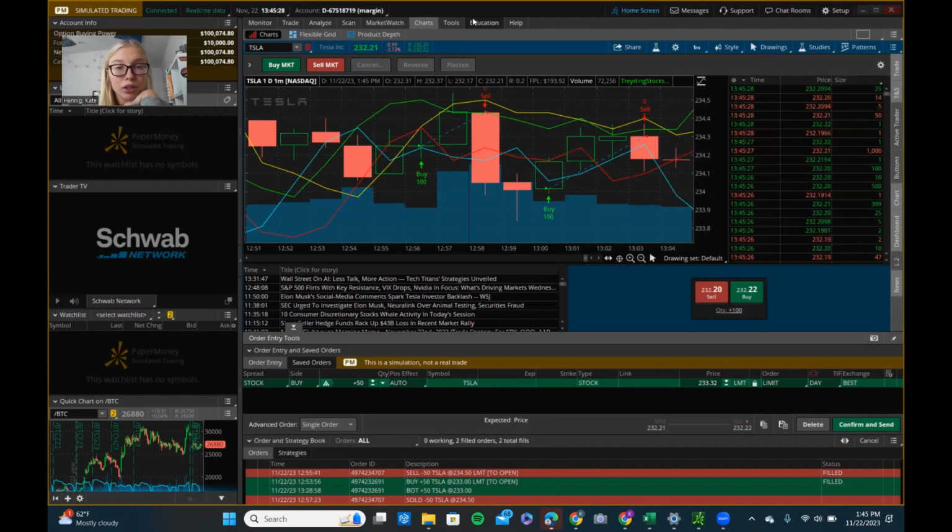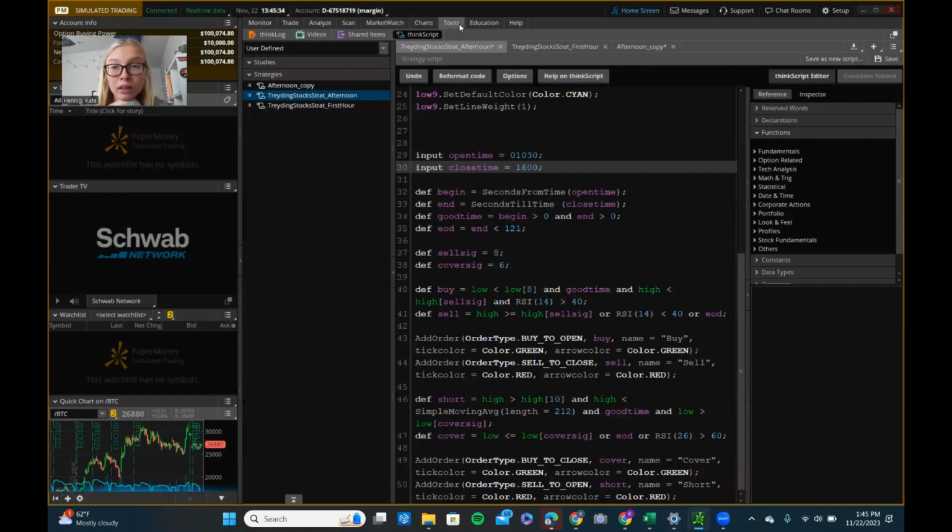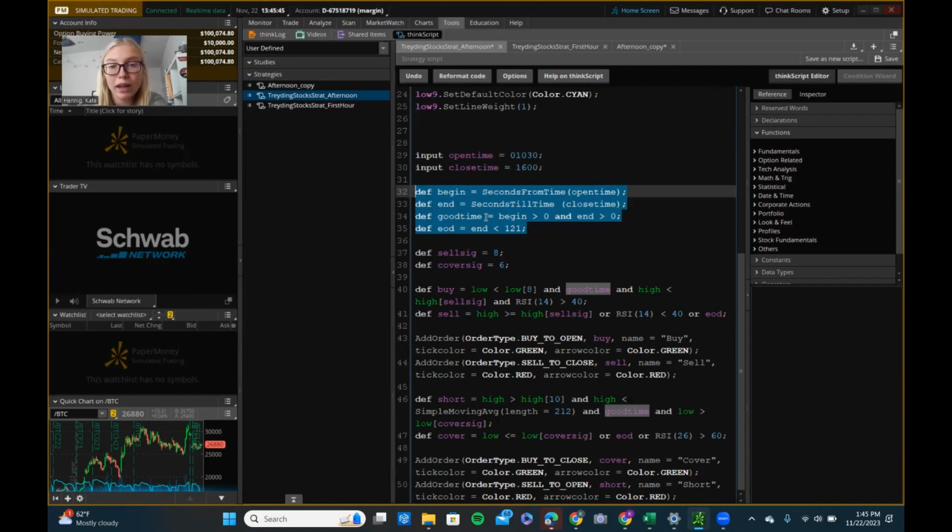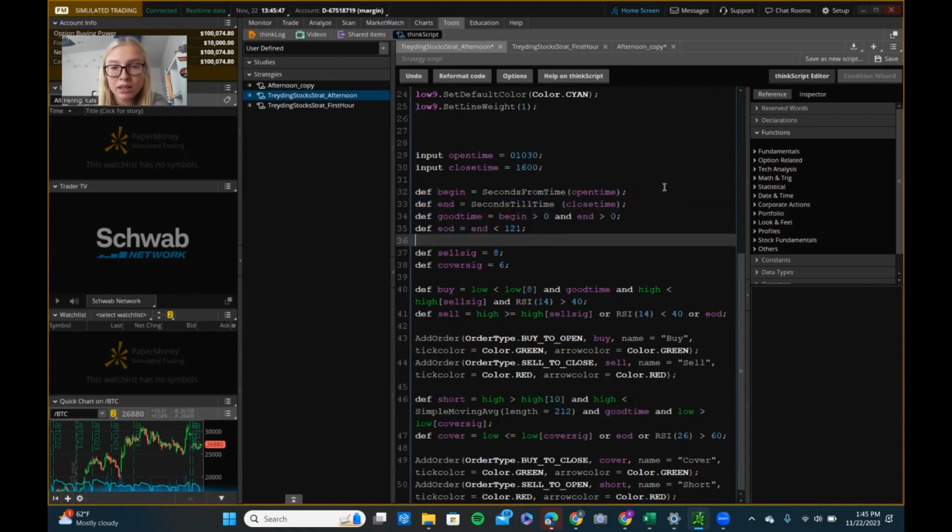And now I'll show you how I actually made these using my thinkscript. Here's where I specify my open time, close time. Here's where I specify valid beginning and end and good times. You don't want to have these open after the trading day is done.